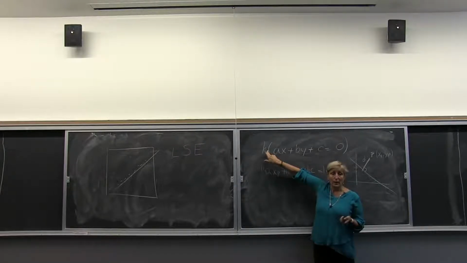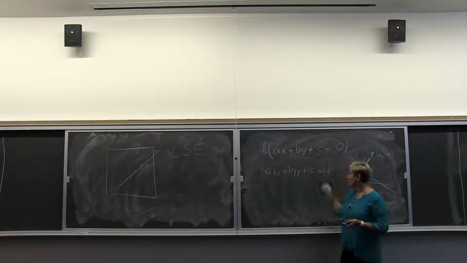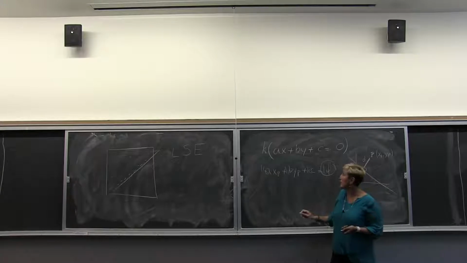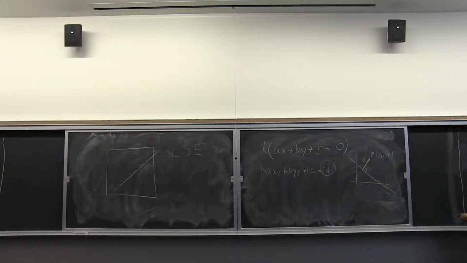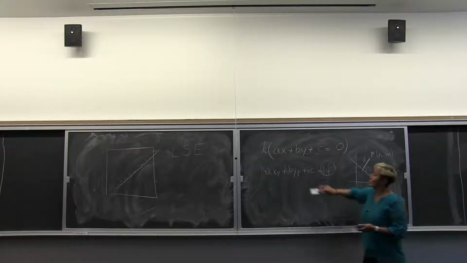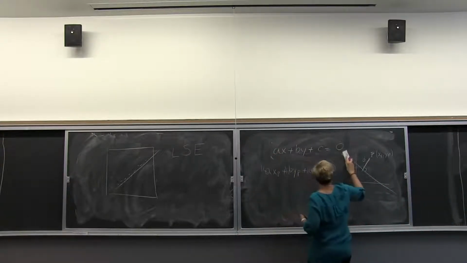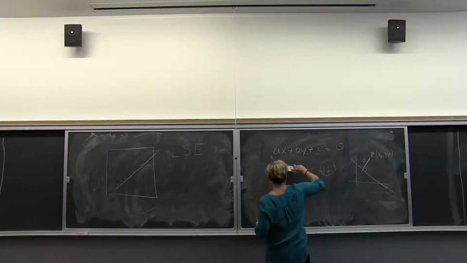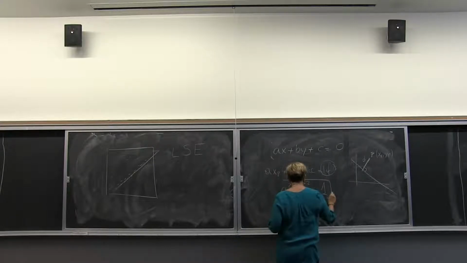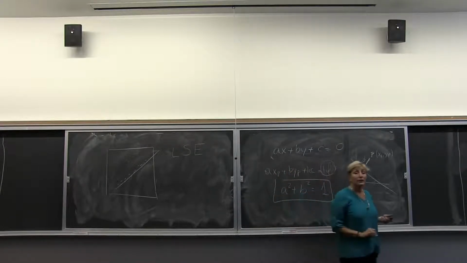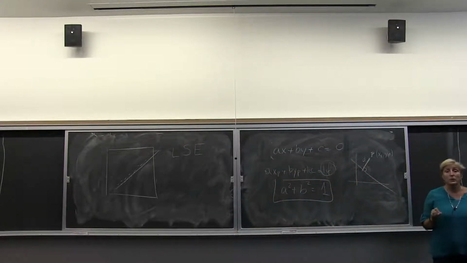And actually geometry is such that this is the distance if, let me erase the k, if I normalize such that a squared plus b squared is equal to 1.